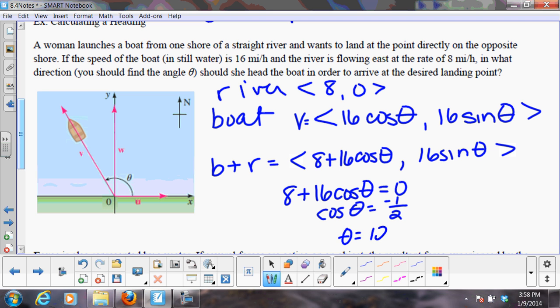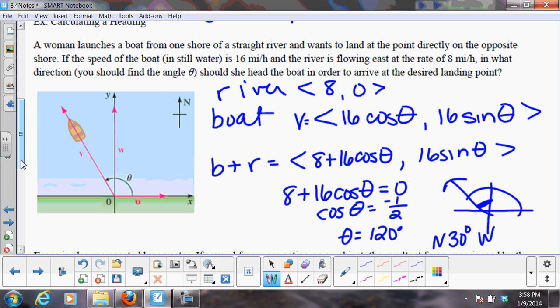Theta ends up being 120 degrees, which is all the way over here. Okay, but this is the piece that you need to do directions. So it's going north 30 degrees west. Up north first, over 30 degrees, and that's in the west direction.